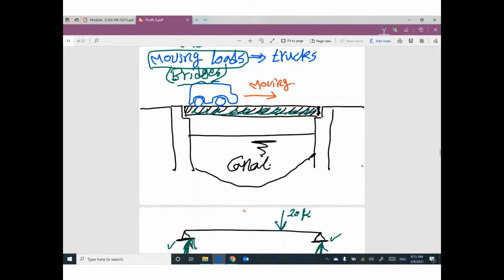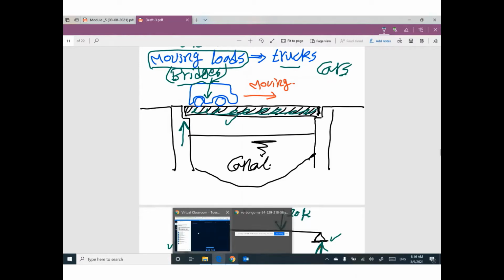These moving loads are like trucks, cars, vehicles. All of these moving loads are moving on the beam. The problem is that if you have a moving load, we have variable reactions, not only one reaction. This reaction will change by changing the position of the truck.